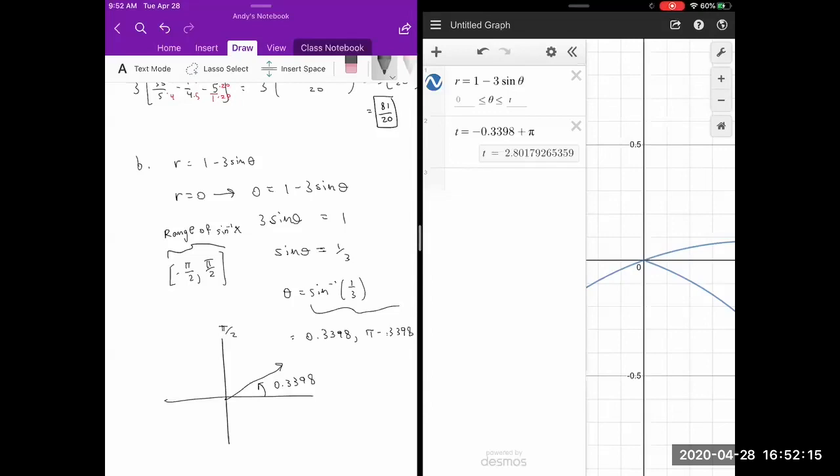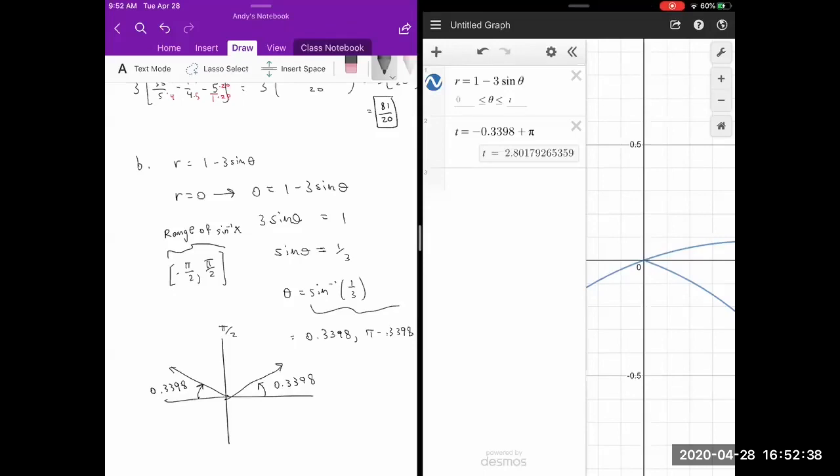Now, where is sine positive? Sine is positive in the first and in the second quadrant, right? So in the second quadrant, if the reference angle is to be the same, 0.3398, then sine of this, which is sine inverse of 1/3, will still give you 1/3 when you plug it into sine.